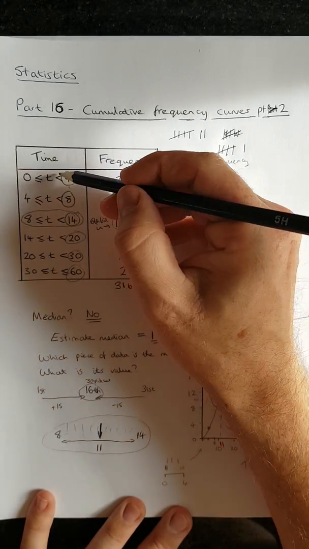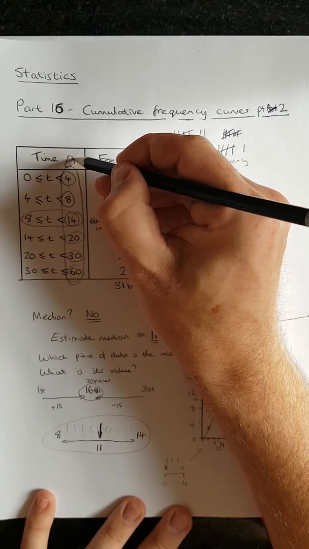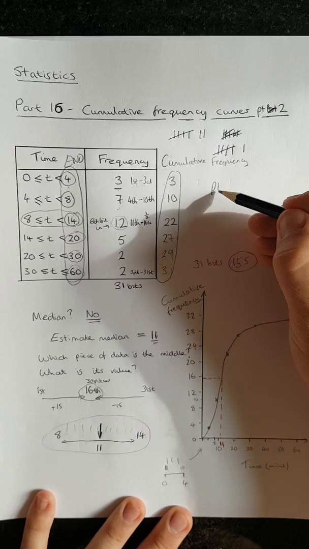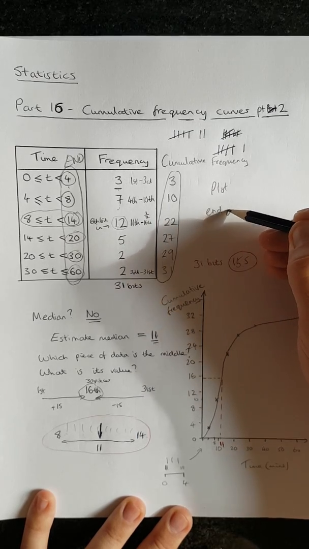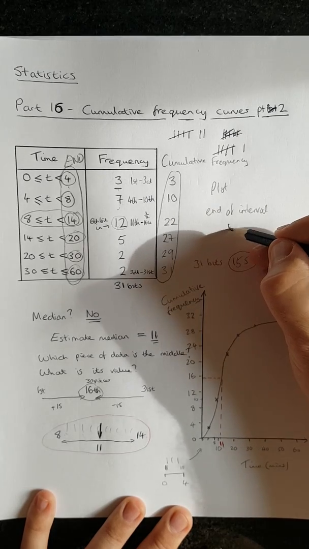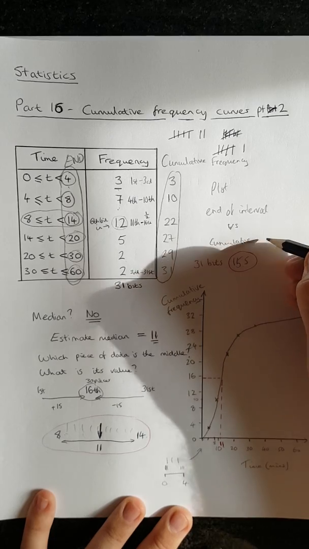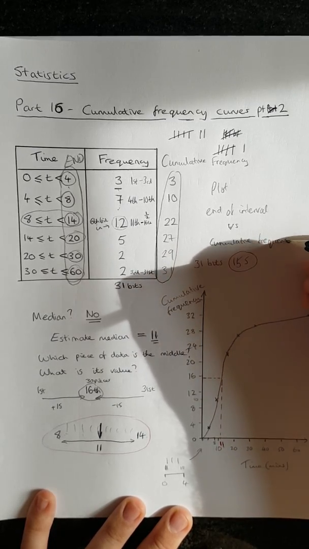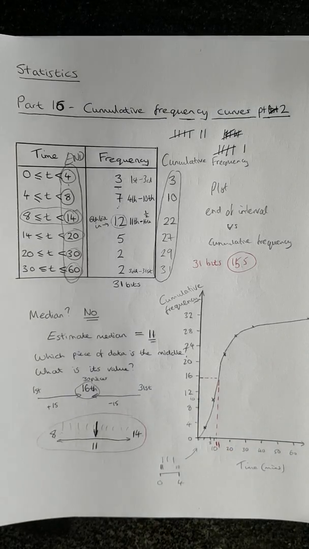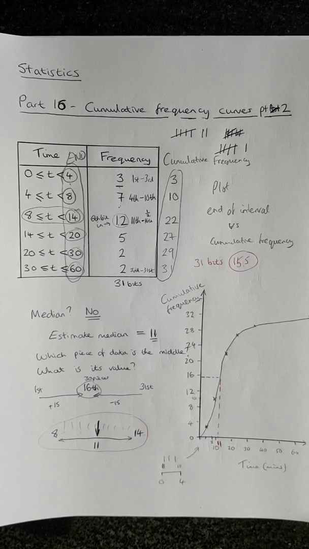Now we plotted the end of the time interval against the cumulative frequency. And that gave us our curve. And from our curve we went to halfway into the data and drew across and down to find where the median lies.